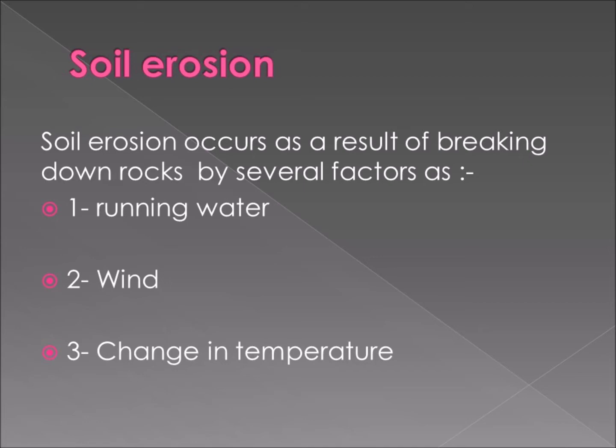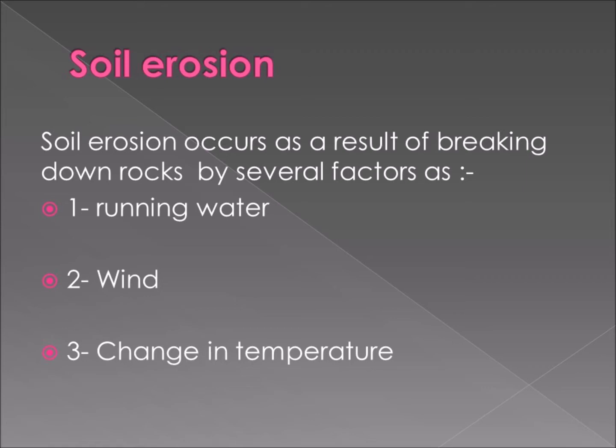The second factor is wind. If you have rocks and these rocks face the wind, the wind will break down the rocks and cause soil erosion. Third, change in temperature. All of you know the meaning of changing temperature, and when the temperature is changed the rocks are broken down and this also causes soil erosion.